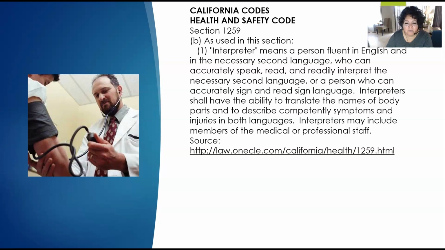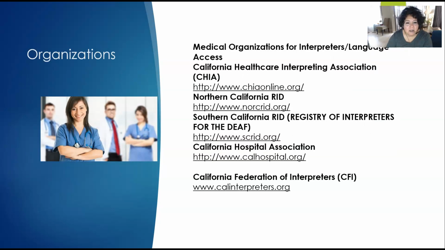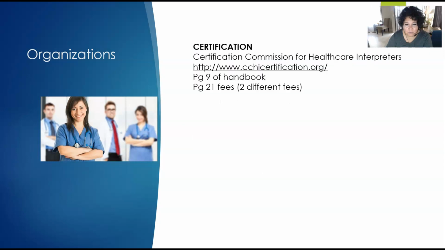Interpreters may include members of the medical or professional staff, and there's a link for your reference. It's very important that you review these organizations if you're planning on going into the medical field as an interpreter translator, as they have important information about how to become a member, but also the certifications you need in California to be a medical certified interpreter. And this we'll review in class.